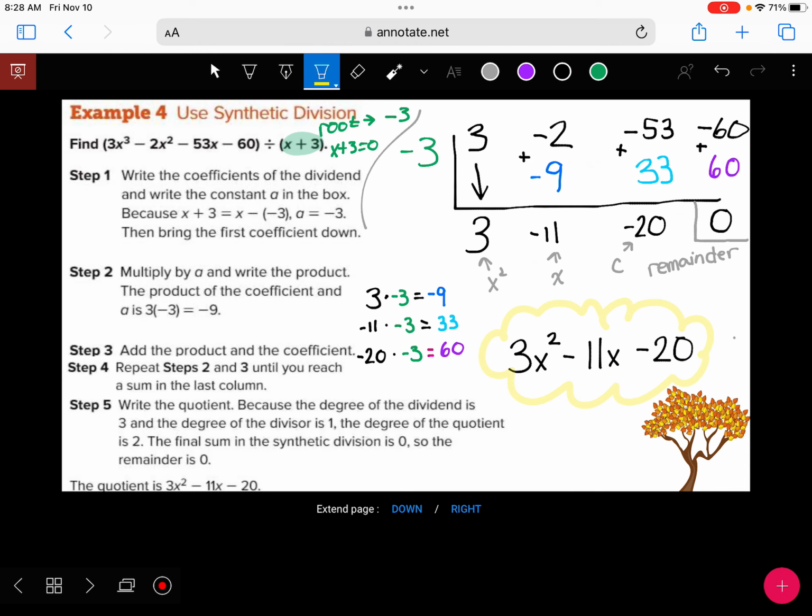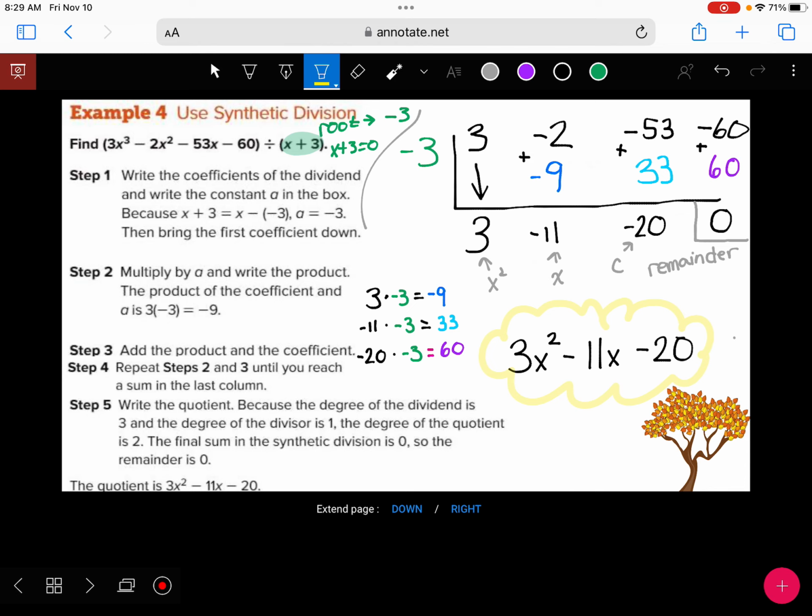Yeah, we've used synthetic division in my graduate level math course. So you can use it for years and years. It's just faster. That is all the work, and that is done. And even stretching it, we took 5 minutes.